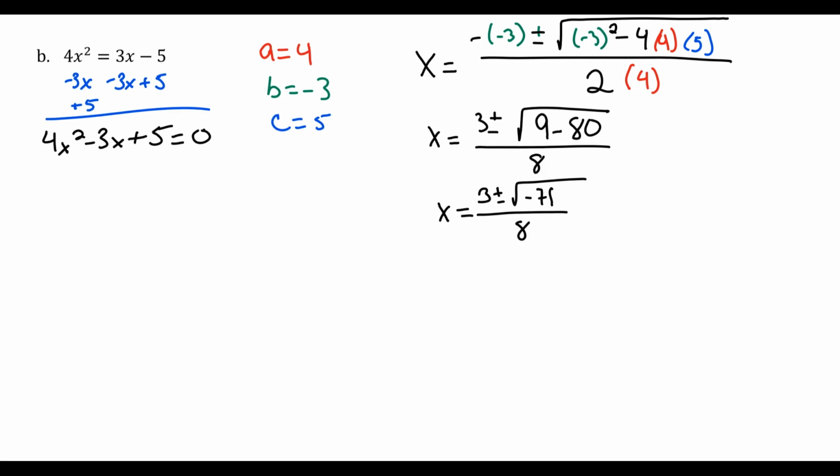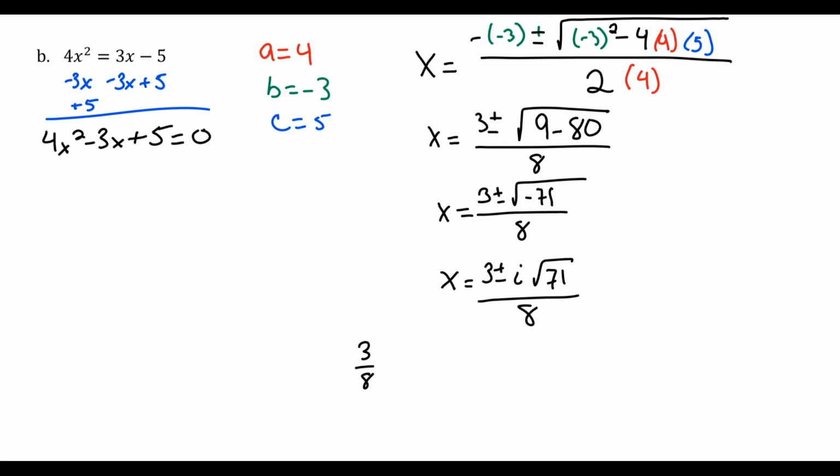Now, I can't do anything with the 71, but I can with that negative sign. Remember, I cannot leave a negative underneath the radical. So remember what happens to a negative underneath the radical? It becomes an i, square root of 71 over 8. So I actually have 2 different values here.